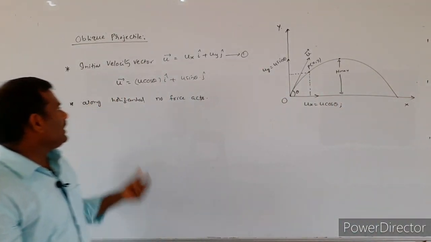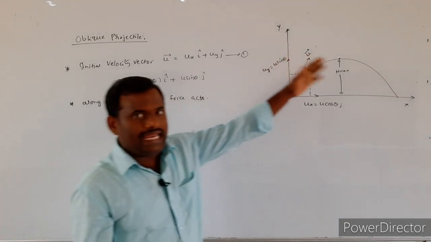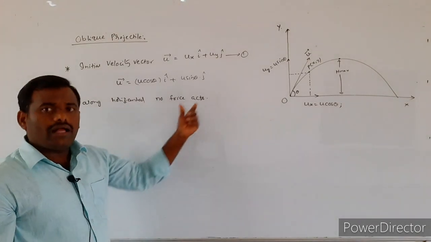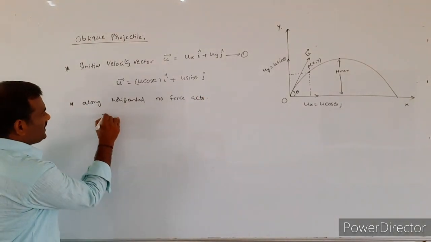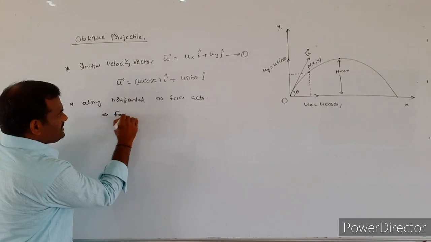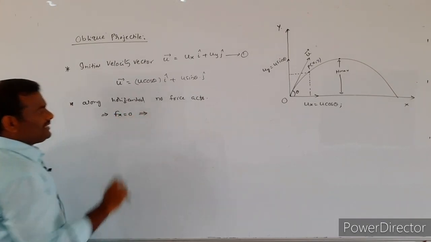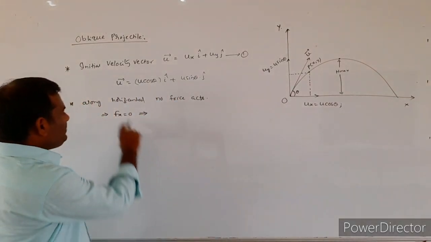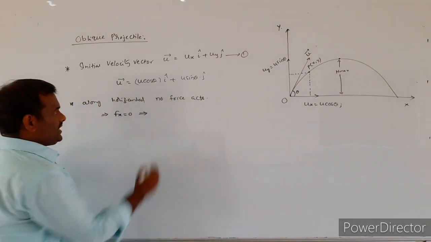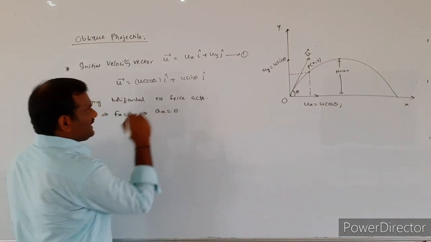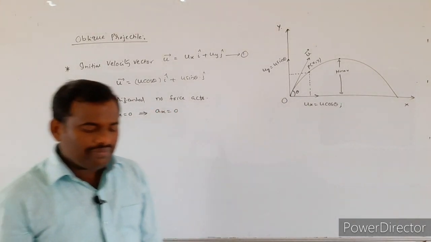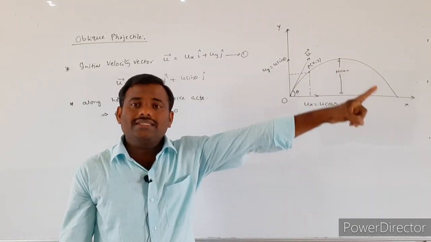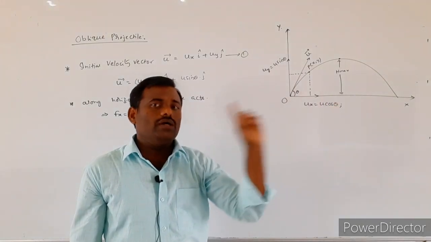Whenever the body is moving in the plane, there is no force acting along the horizontal direction. That implies the net force acting along the x-axis is equal to 0. If there is no force acting along the x direction, the acceleration along the x-axis is also equal to 0.